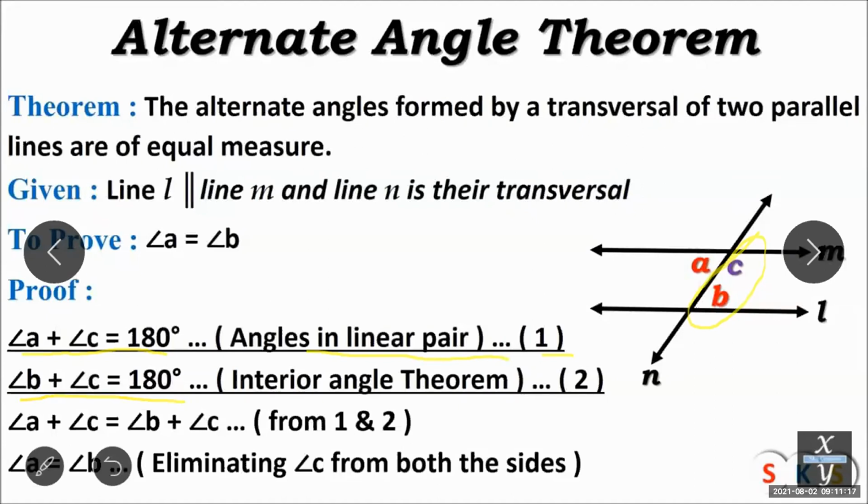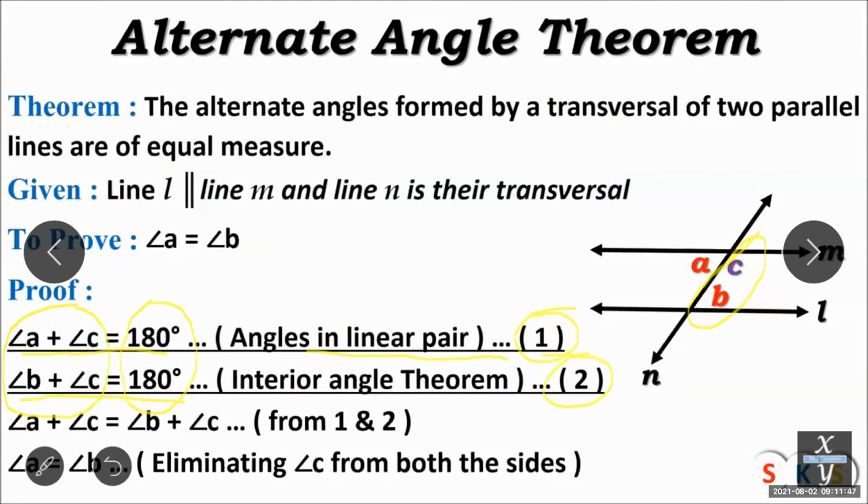We know the interior angles are supplementary, so that is also 180 degrees. Now similarly to the first theorem, if we see equations 1 and 2 clearly, here again the RHS of both equations is the same, 180 degrees. So the LHS of both equations is also equal to each other.